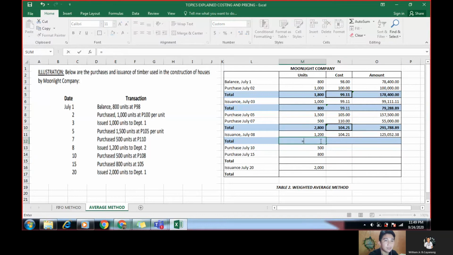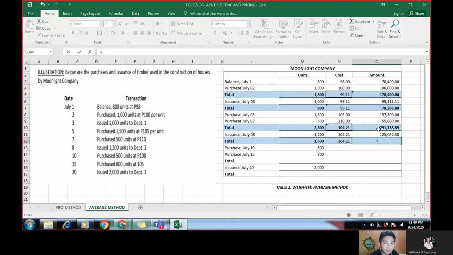So, equal sign pa rin, total natin na available, 2,800, minus nabawasan siya ng 1,200 because of the issuances. Ang natira na lang sa ating inventory is 1,600. Okay? So, same lang yung price. Pwede tayong mag-link diyan or encode natin kung ayaw natin mag-link.